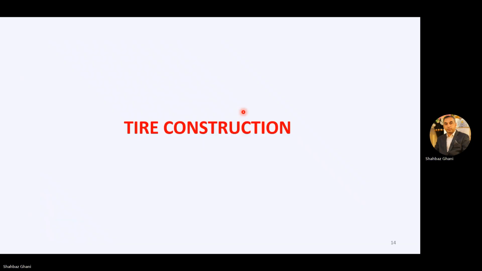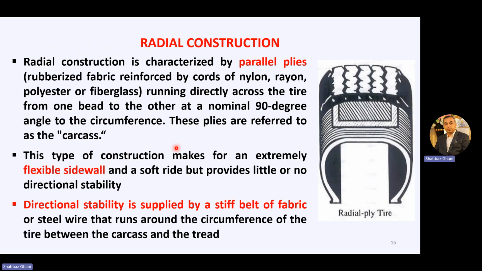Okay. Now tire construction, there are basically two types of tire construction. One is the radial one and second is the bias or diagonal bias. Radial construction, in which we have this type of structure, and then we have belt arrangement here.